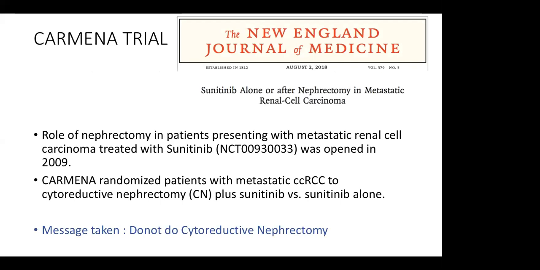That led to the CARMENA trial, published in the New England Journal of Medicine, which looked at the role of nephrectomy in patients presenting with metastatic disease treated with sunitinib alone or with cytoreductive nephrectomy plus sunitinib. This lasted for almost a decade, and the message that has often been taken is do not do cytoreductive nephrectomy. So that's what we are going to synthesize and look into the evidence in a little more detail in our own practices.